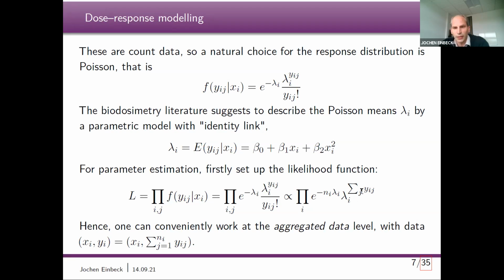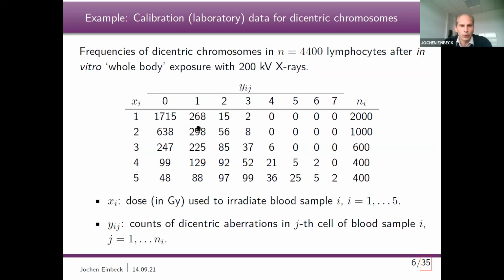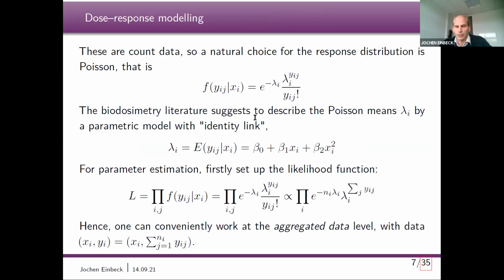So this sum over j, Yij, is really the total aberration count per such a row. So in this case, 1,715 plus 268 plus 15 plus 2, and so on. Everything else doesn't matter. So this is, well, the statistical concept of sufficiency is really behind that.